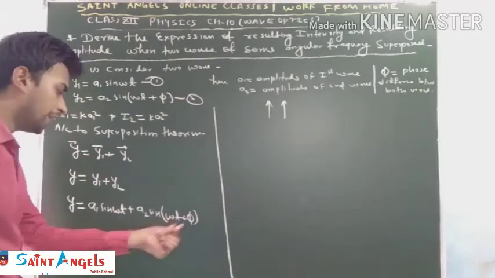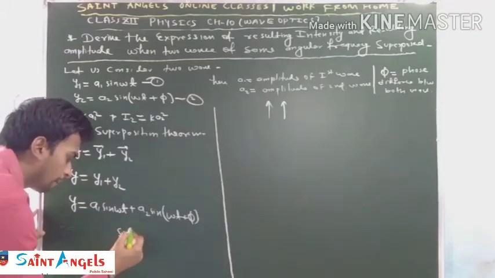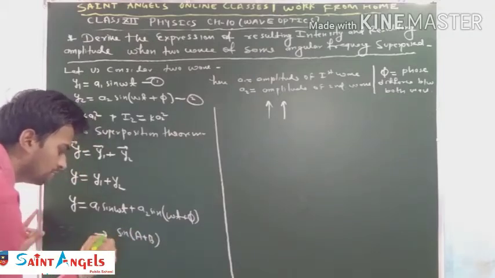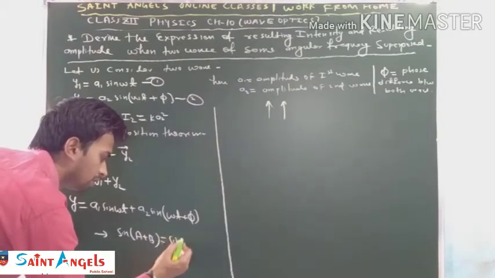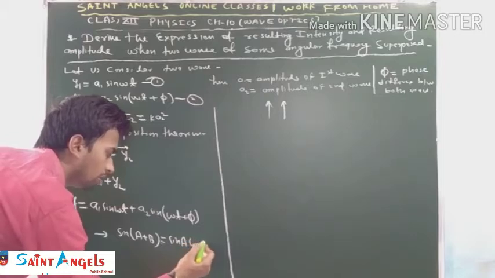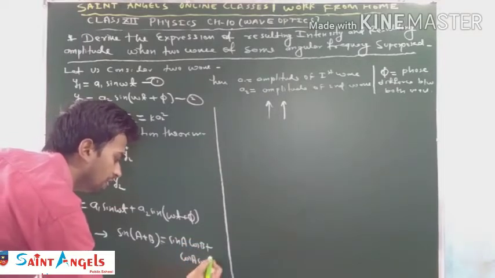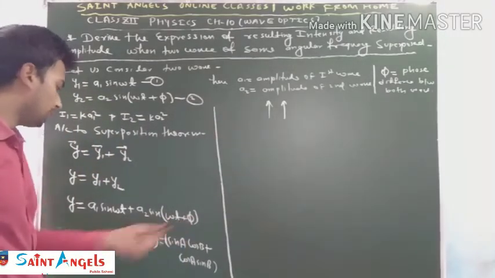Student, we know that sin (a plus b) equal to sin a cos b plus cos a sin b. Now open the formula of sin (omega t plus phi).